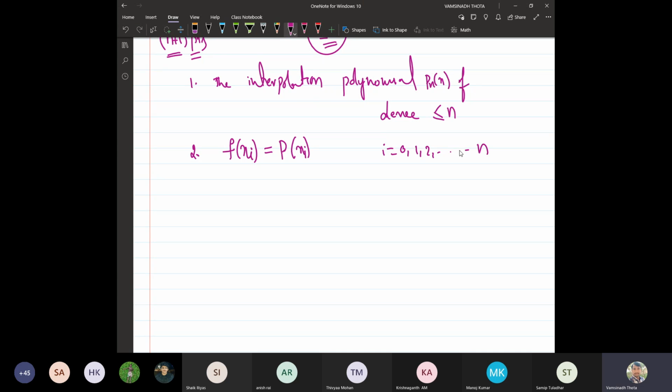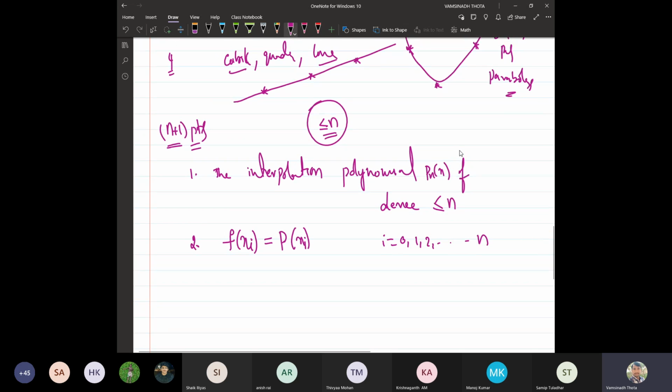Such a polynomial is generally what we call the interpolating polynomial. Interpolating polynomial, when we know the values of the function at n plus 1 points, means first, the polynomial should coincide with the function values at the nodal points, and the degree of the polynomial should not exceed n.